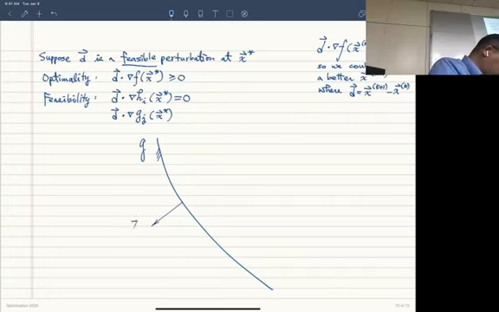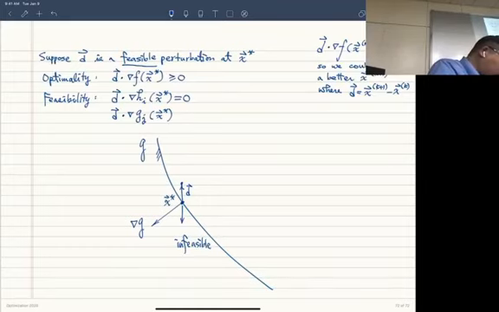Supposedly here is your gradient of g, and here is your x star. And if you have a perturbation, let's say somewhere here, so this is like a d, right? And the gradient over there, the angle in between, if it's positive, then you are actually moving into the infeasible space.